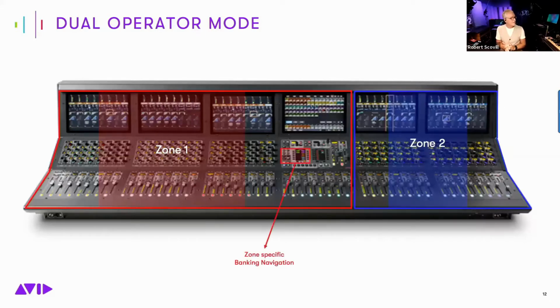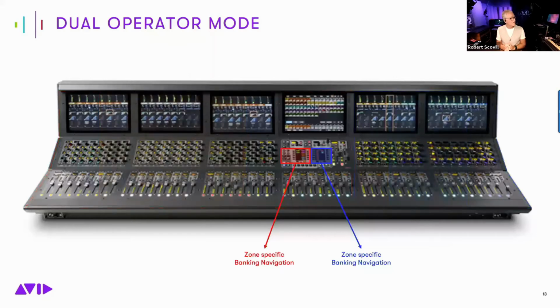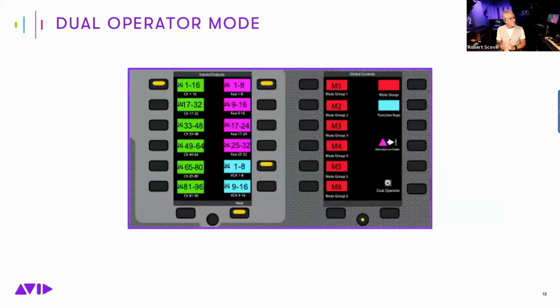You do have zone-specific banking and navigation here, just like it always is for that left-hand user. But you're going to have right-hand zone-specific banking and navigation for the right-hand user here. We're going to take advantage of that right TFT and build that same kind of capability into it. So here's what it looks like if we zoom in on that.